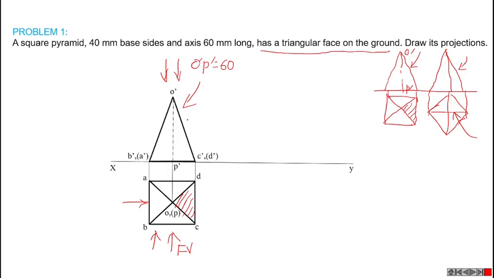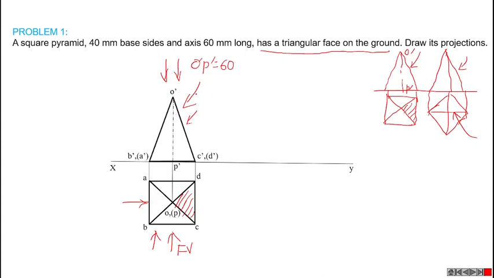Then this particular straight line is the front view of the triangular face CDO. This triangular face is this one, C dash, D dash, O dash.